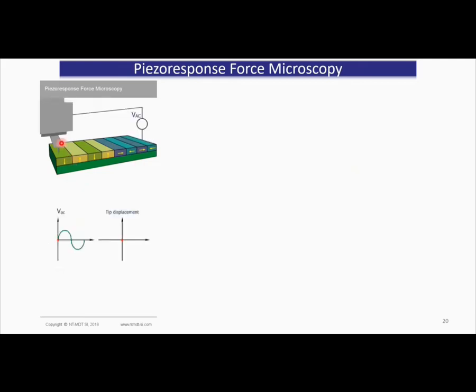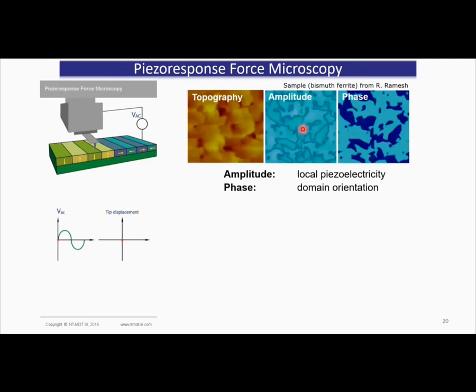You saw that it was vibrating up and down here. And as it goes here, you can see that the cantilever is twisting. And so you're able to pick up the twisting of the cantilever and map out both in and out of plane domains. So you can end up with images like this, where you collect all at the same time the topography, the PFM amplitude, the PFM phase, and the mixed signal, so the amplitude times the cosine of the phase. The amplitude has information about the local piezoelectricity.